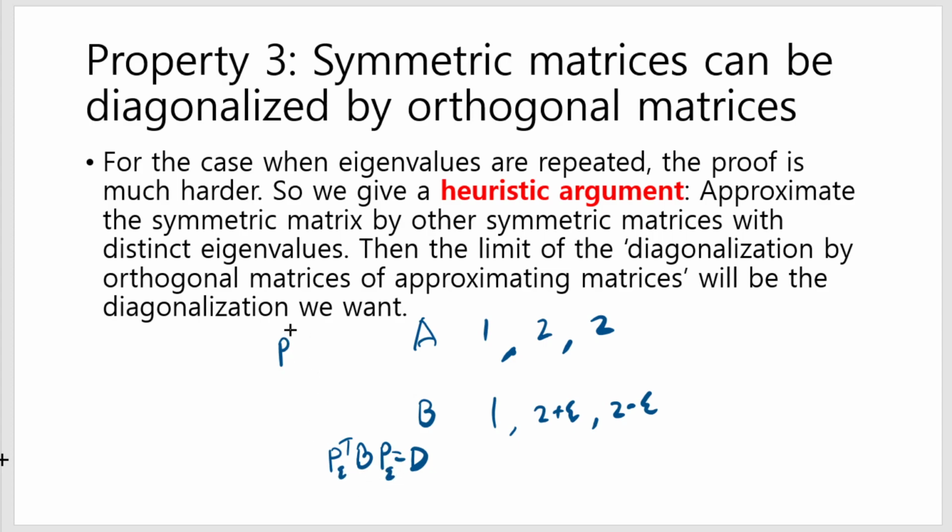So you will end up getting some P transpose A P as some diagonal matrix. Okay, all right, so that's the really rough argument. I'm not really sure if it can actually be written as a rigorous proof.